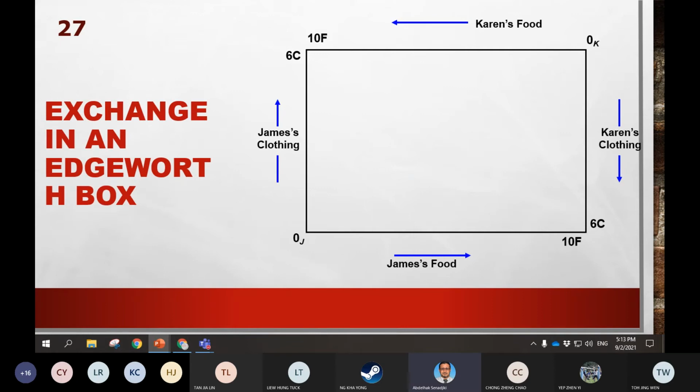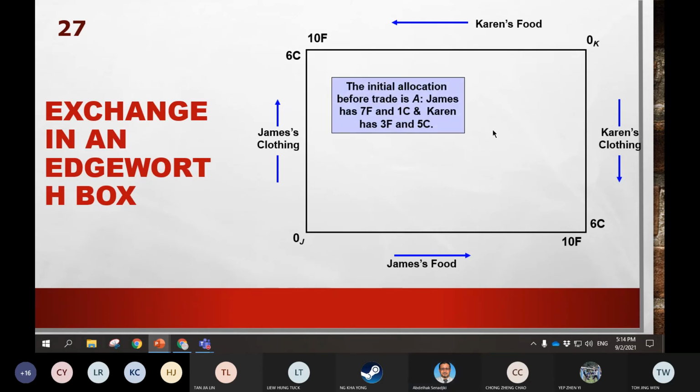So this figure shows an Edgeworth box in which the horizontal axis describes the number of units of food, and the vertical is for the units of clothing. Now, if you still remember, James has 7 units of food, in the previous initial table that we saw.